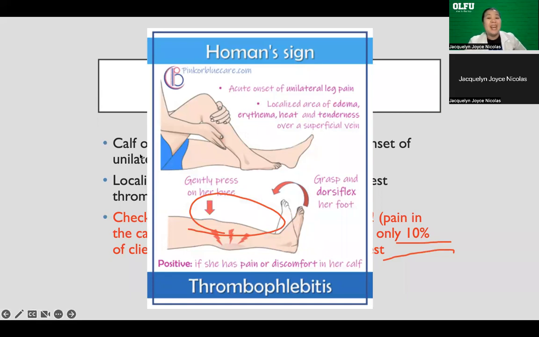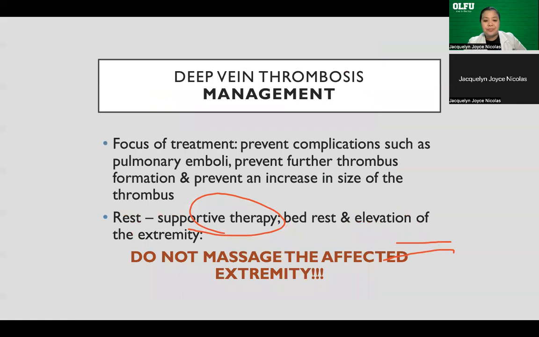It can be DVT. But again, if it's negative Homan, don't be happy. Okay, there can be other tests that needs be done because again, Homan is not definitive. Negative Homan will not tell you that the patient has no DVT. Okay, so tandaan yun.